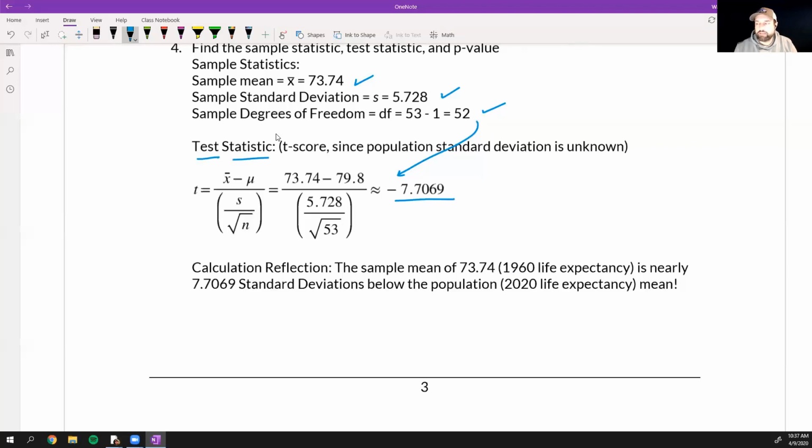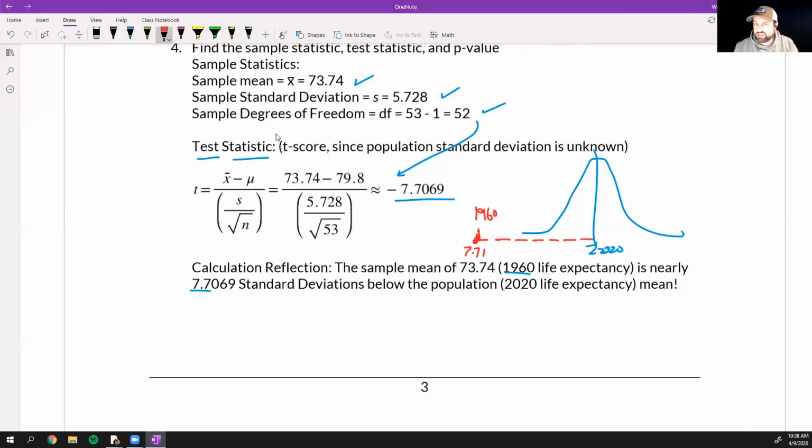So what does that mean? That means that the average life expectancy from 1960 is nearly 7.7 standard deviations below the mean of 2020. So you're thinking like this, and here's the 2020 mean. And if you go 1 standard deviation, 2 standard deviations, 3, 4, 5, 6, 7.71 standard deviations away, that is where 1960 is.